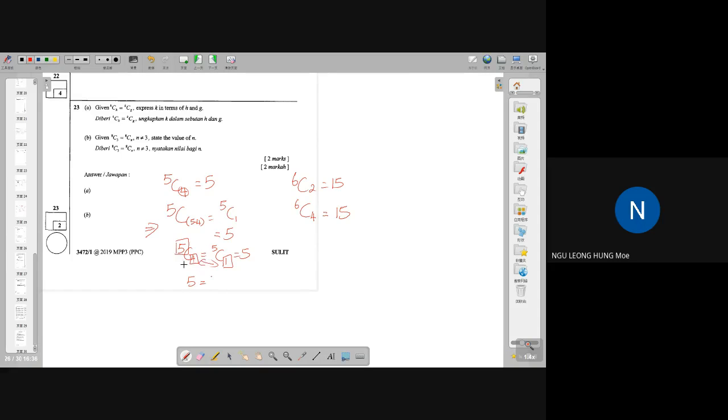Apa hubungan ini dengan ini? Ya, 4 plus 1. Ini pun sama kan? 6 equal to 4 plus 2. So, apa ini? Macam itu saja. Okay? Any more questions?